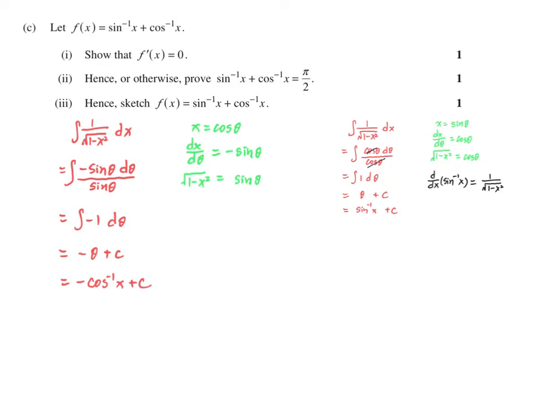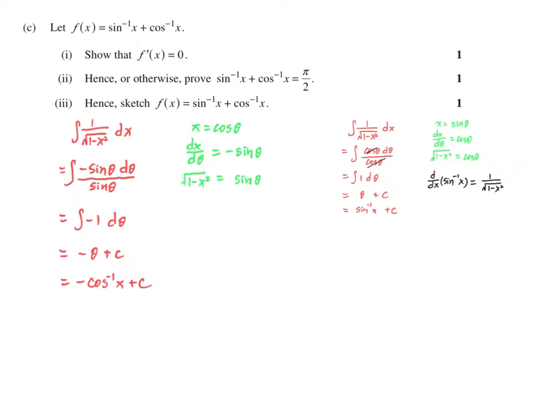This time, instead of sine theta, I let x become cosine theta. So dx d theta should be equal to d cosine theta d theta, which gives you minus sine theta. And the denominator, 1 minus x squared: this time x is cosine theta, so it should be 1 minus cosine squared theta.